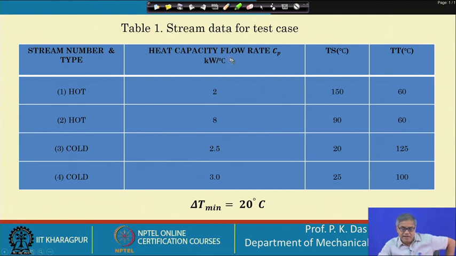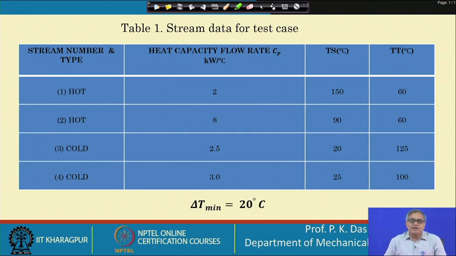Here the heat capacity flow rate, actually it should be capital C, is m dot into Cp, in kilowatt per degree Celsius. It is Cp multiplied by m dot. The values are 2, 8, 2.5 and 3, and delta T minimum is 20 degrees Celsius. What is delta T minimum?